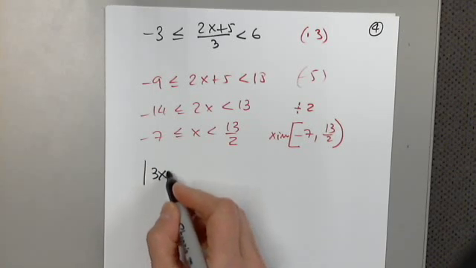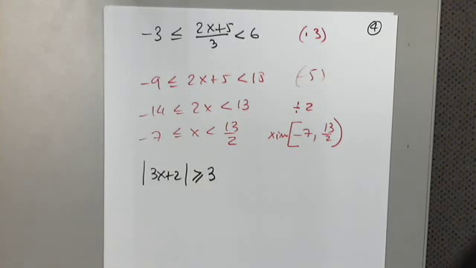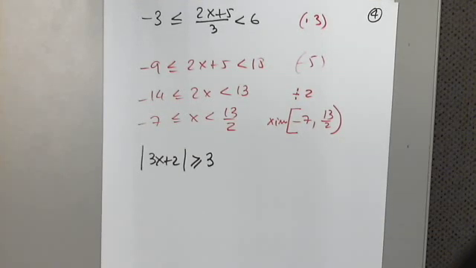The absolute value of 3x plus 2 greater than or equal to 3. Remember we have two, what is this? And what type of inequality is it? Good. So remember there are only two types.